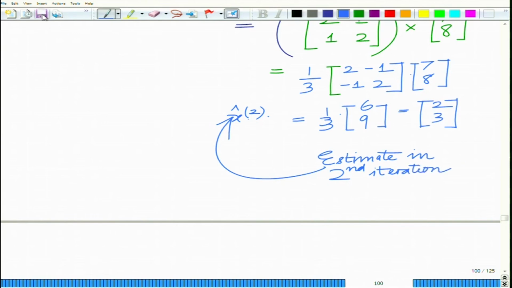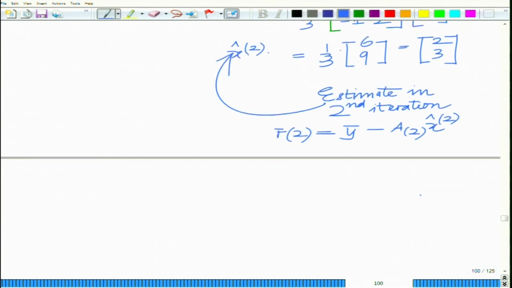This is the estimate in the second iteration, and now of course we again need to find the residue, that is r bar 2 equals y bar minus A2 x hat 2.